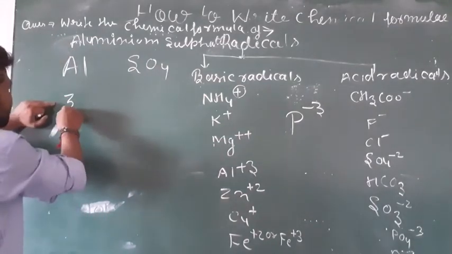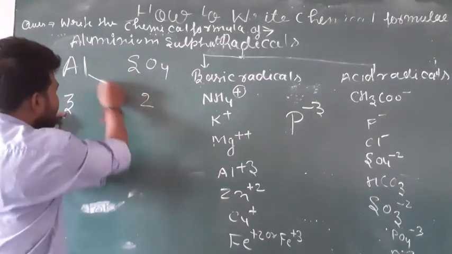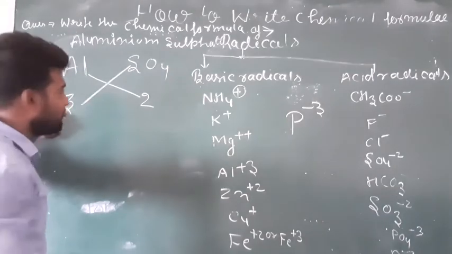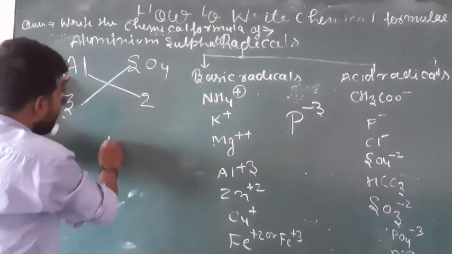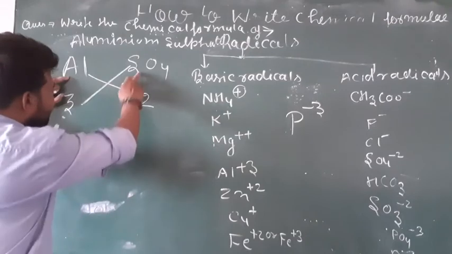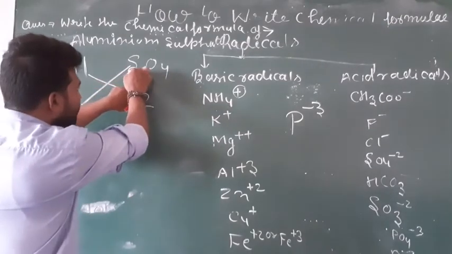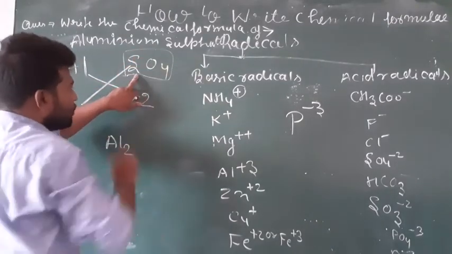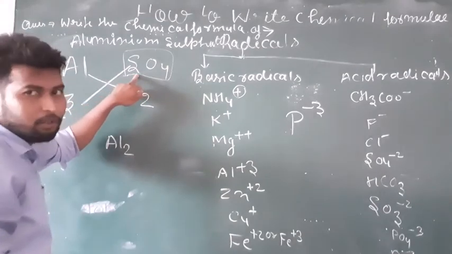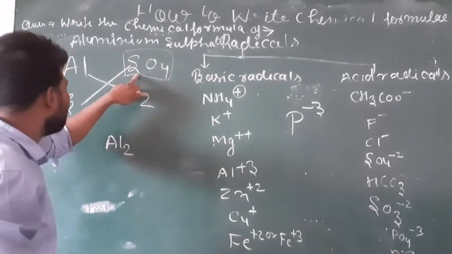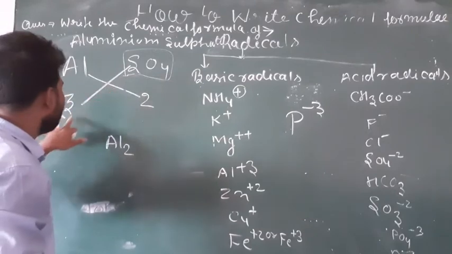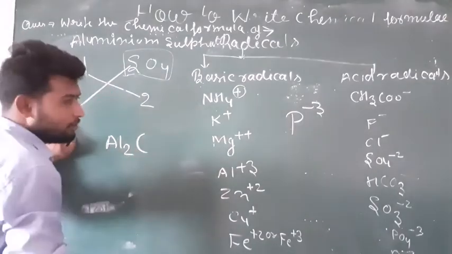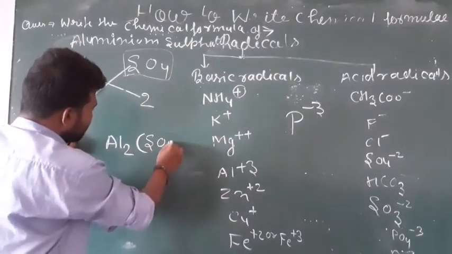Aluminium valency is 3, sulfate valency is 2; interchange it. When you interchange, the number of aluminium is 2. And sulfate is a group of atoms, not a single atom. When a group of atoms bears more than one valency, you write it with brackets. Here the valency is 3, so you use brackets to write sulfate.